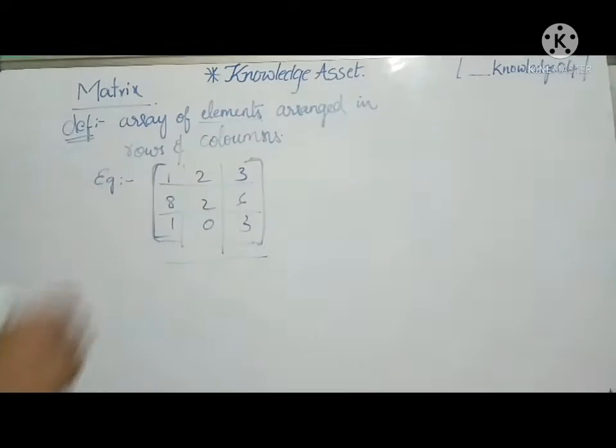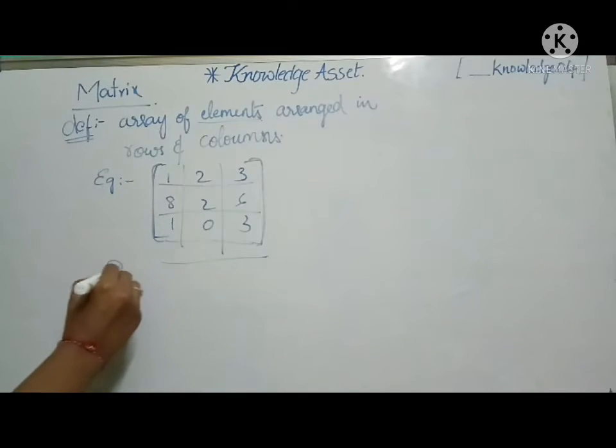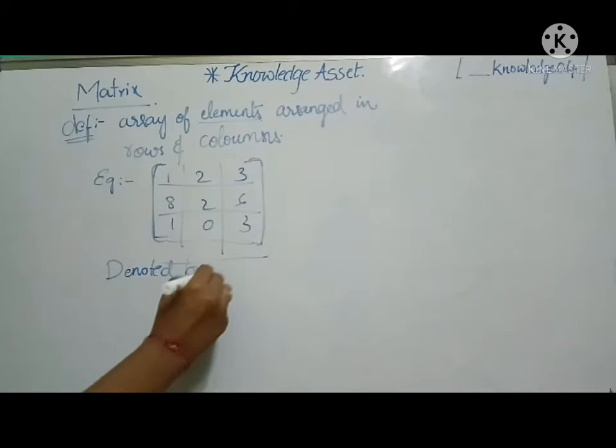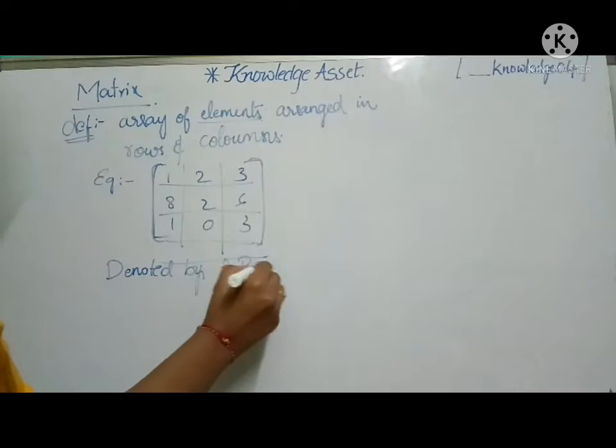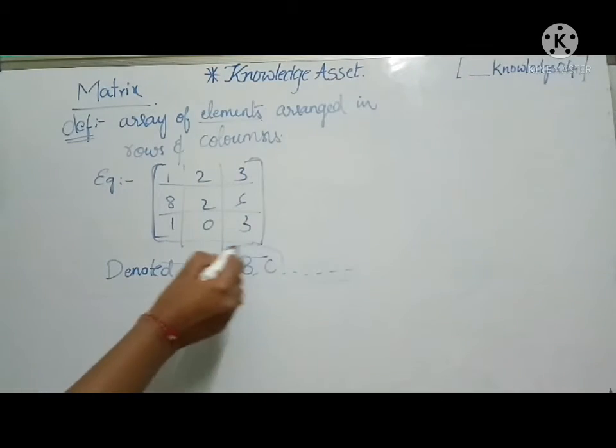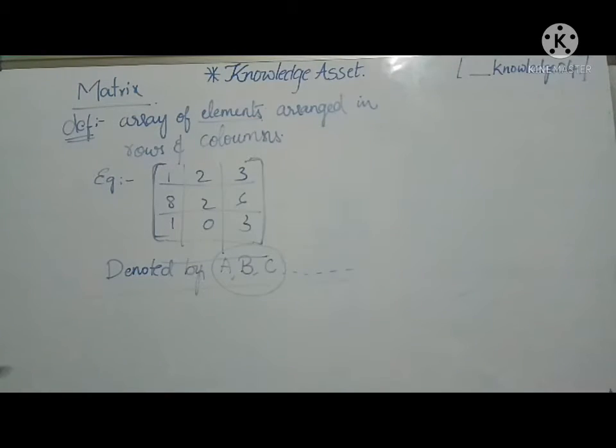Okay, now a matrix is denoted by A, B, C, etc. like this. A matrix is denoted by letters A, B, C and so on.